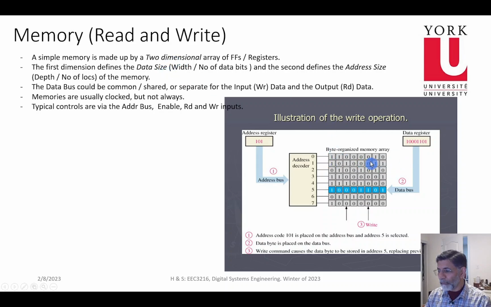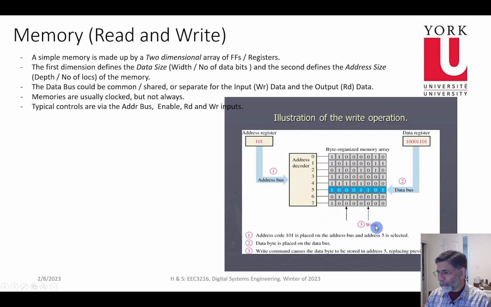So we have a byte organized memory array. When the address is 5, pointing to this location, and it is a write operation, and it looks like we are showing a shared data bus, whatever is on the data bus gets written to the location.